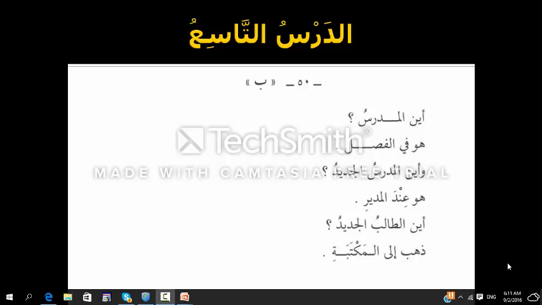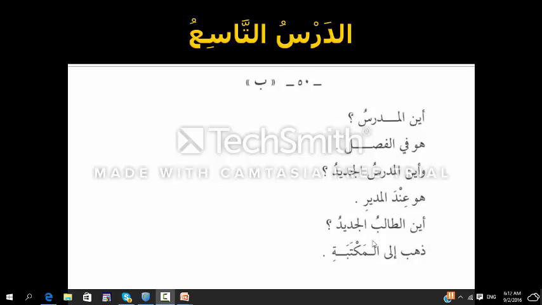If you can read all the way to that, read from أين المدرس هو في الفصل to ذهب إلى المكتبة. Now, Mumtaz, excellent, mashallah, hasana.